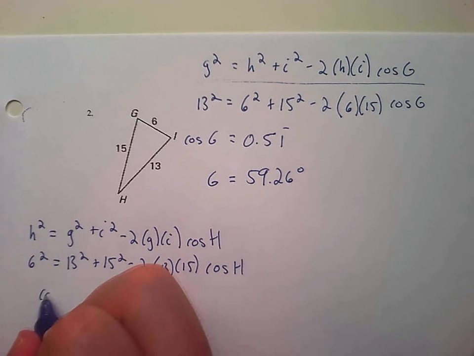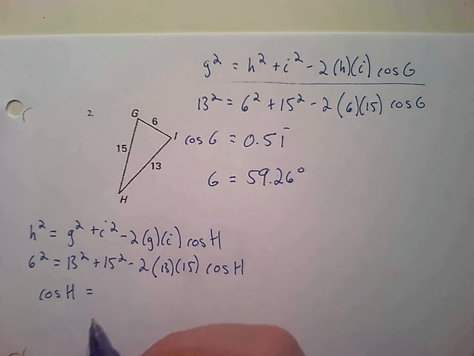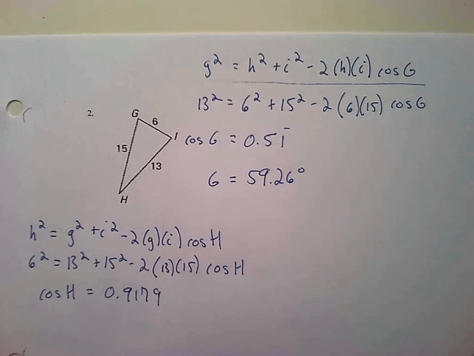And now you can see that the cosine of h will come out to be 0.9179, meaning that h will be 23.37 degrees.